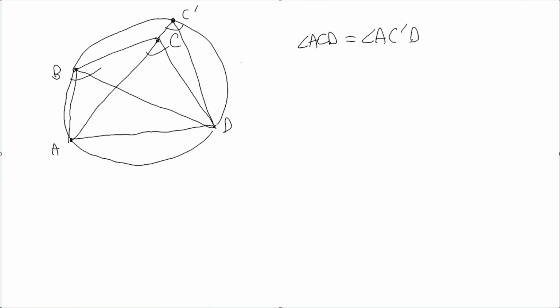And if we angle chase a bit, on this line AC prime, we get that angle CC prime D plus angle C prime CD is equal to 180 degrees. But you might know that this causes an issue, because the sum of the angles in a triangle is 180 degrees, so this has to be 0 degrees, which is absurd, right? Because that would mean that C is equal to C prime.